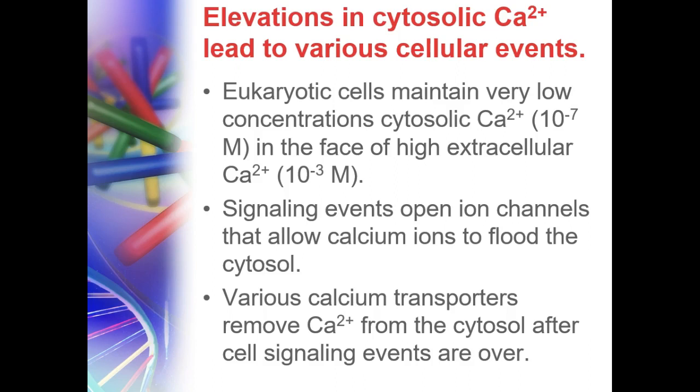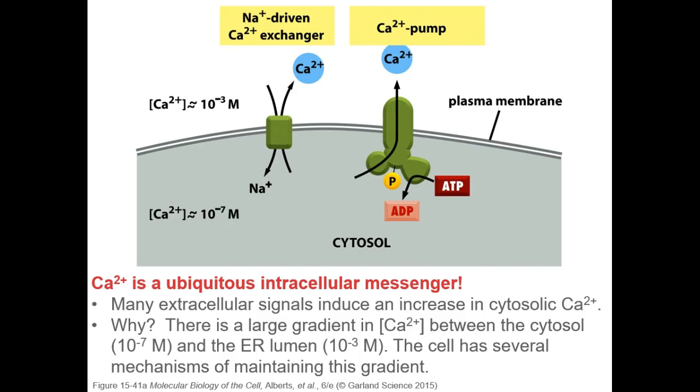When calcium floods the cytosol, that's a signaling event. And after the signaling event is over, you have to pump the calcium back into its various places. So this is how the cell normally maintains these low concentrations of calcium ions.